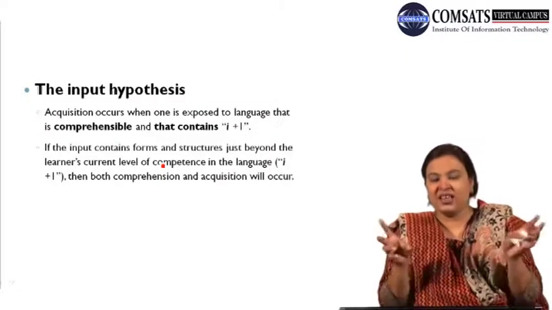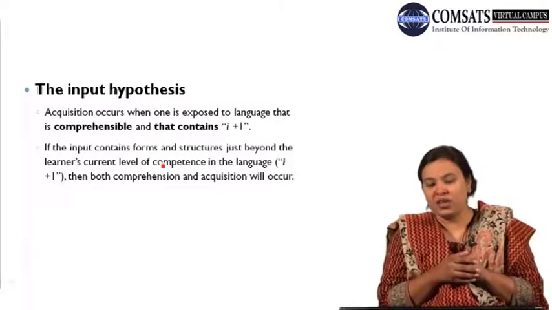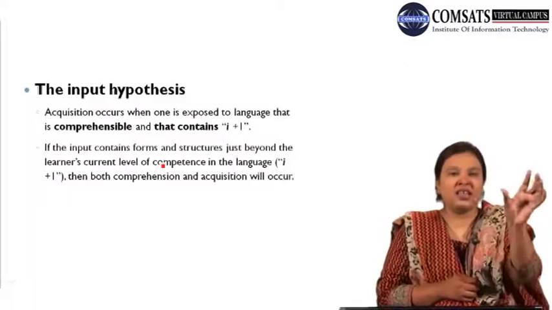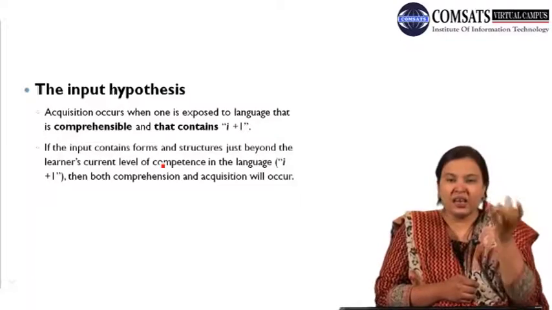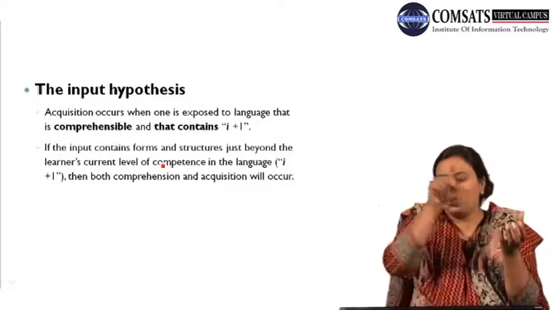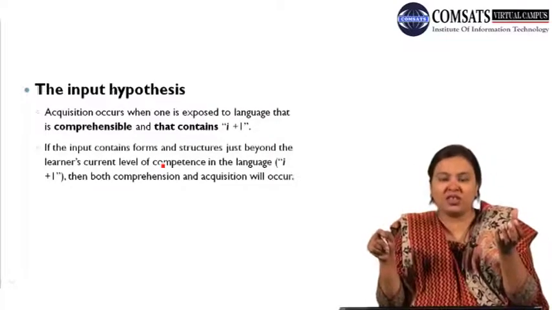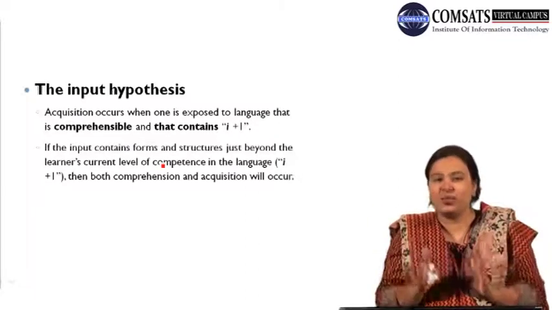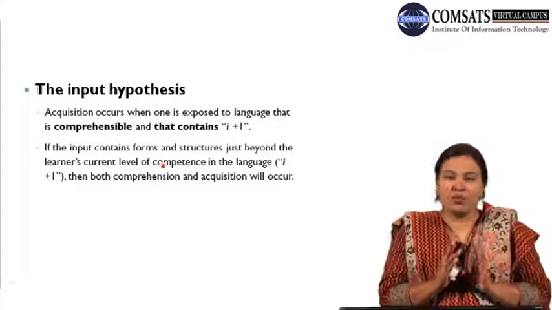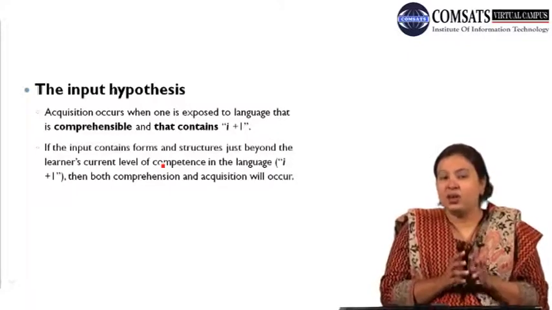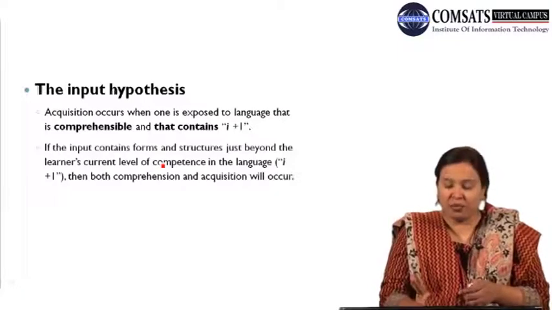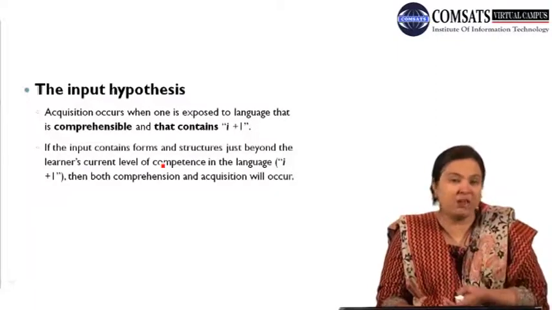If the input, meaning the second language exposure, is similar to their previous knowledge of structures and language forms in the first language, then they would comprehend the second language better, and their acquisition would occur at a much better pace.